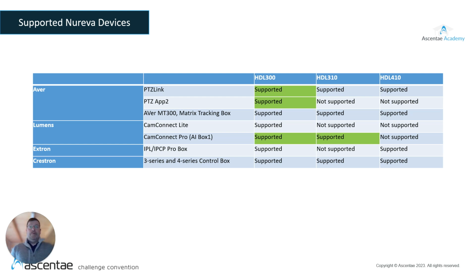So as it stands at the moment, there are 4 brands of camera that have direct camera integrations through the API. And these are Ava and Lumens, and then Extron and Crestron have built-in support into their control systems, so you can download a module and therefore control different types of cameras, different makes of cameras through that module.